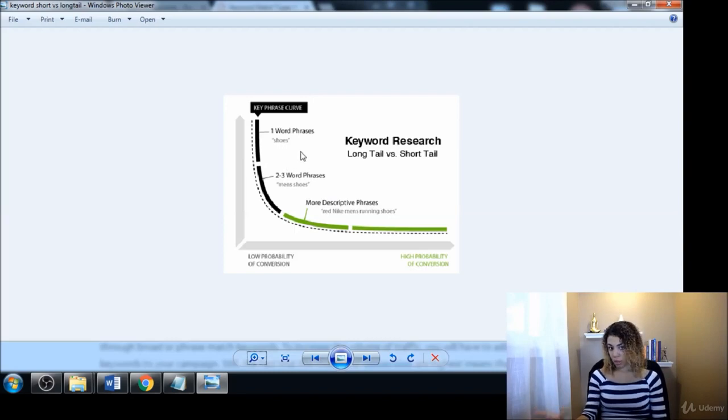Now, a good rule of thumb is if it's one word, it's a seed keyword for sure, or a short tail keyword phrase. If it has 3 to 4 or more words, it can be considered a long tail keyword. Usually if it's over 4 words, but sometimes even 3. It just depends on your industry and market.